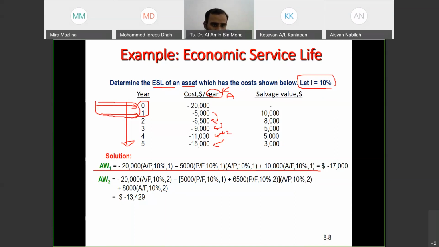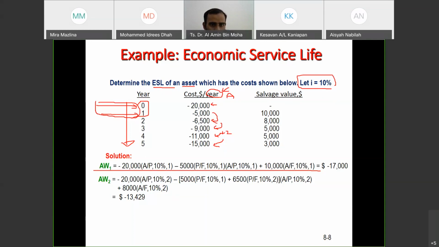We start with year 0, and assume this is when it's year 1. When you bought it, it's going to be P. Although they say A, the first cost is P, as we explained just now. So 20,000 is P, at 10%, year 1, and we are going to identify the AW.